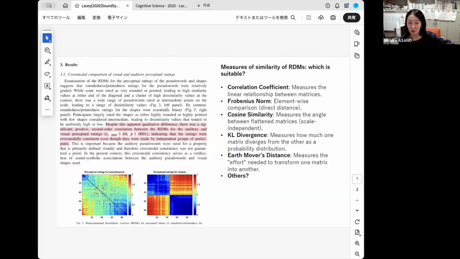I don't have any good idea for measuring sound qualia, especially the smoothness and roughness, like abruptness or something. I don't have any good solution for now.